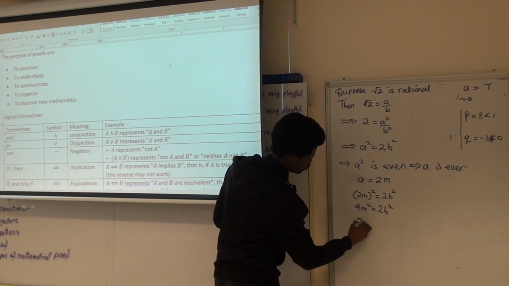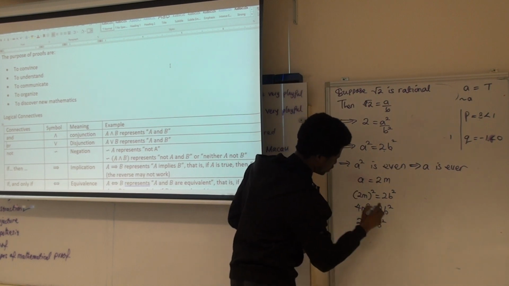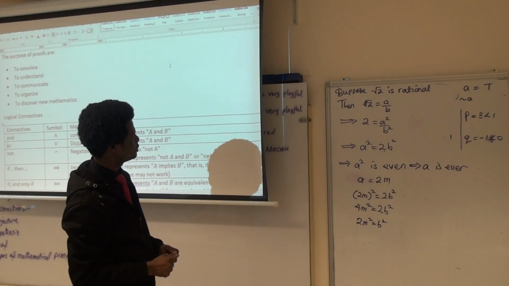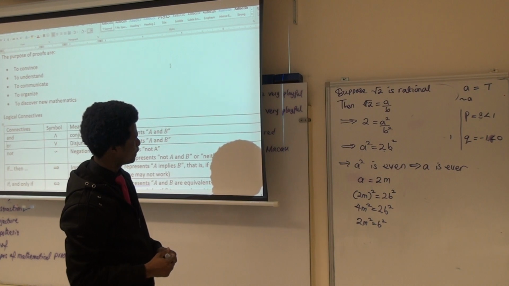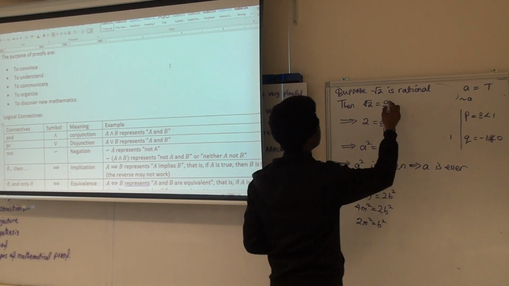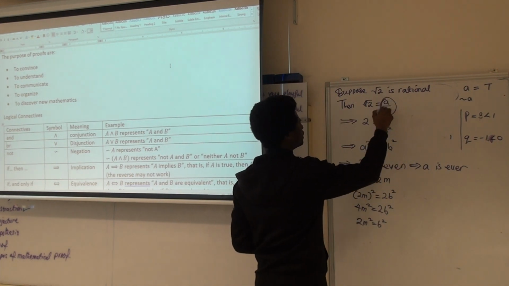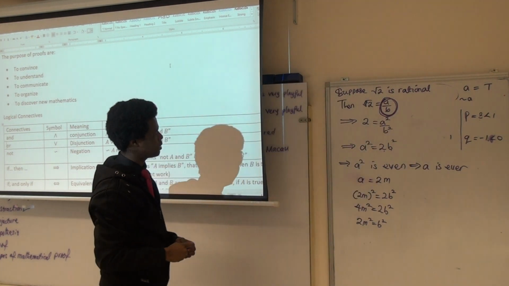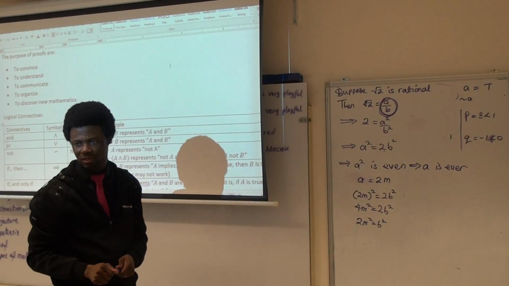It means 2m squared equals B squared. So B also must be even, which means B is even. It says on the top A divided by B both have to have no common factor. Ah, that's true. If you write a fraction of this form, yes, you want to make sure that they are, we call them co-primes.